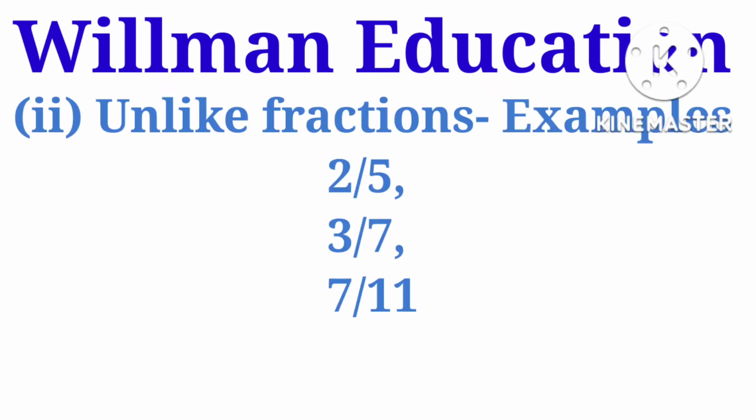Unlike fractions, examples: 2 by 5, 3 by 7, 7 by 11. Over here numerators and denominators are different. In these fractions, numerators and denominators are all different. That's very interesting, and you have to know that we come across mostly unlike fractions.